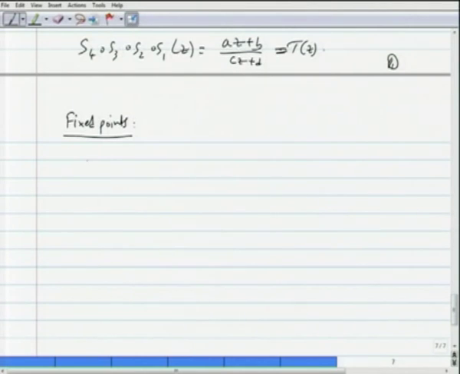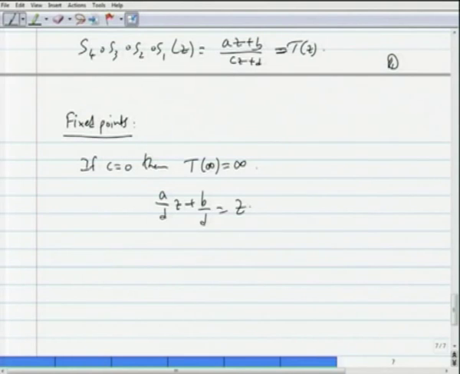Okay. So, firstly, if c is equal to 0, then T of infinity we know is infinity. So, on C union infinity, there is one fixed point if little c is equal to 0, and then also az by d plus b by d is equal to z.